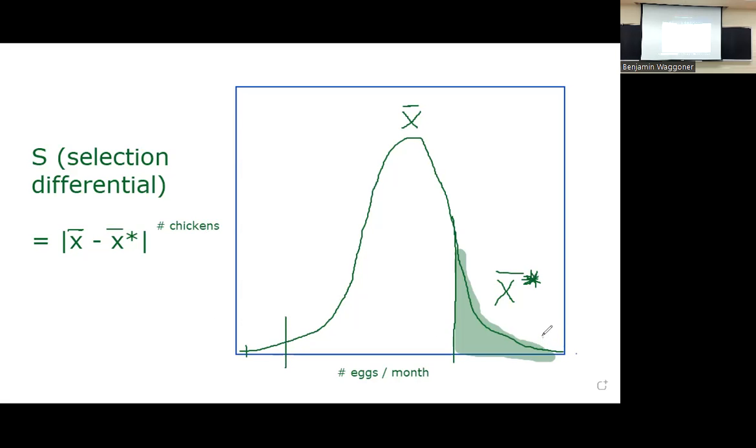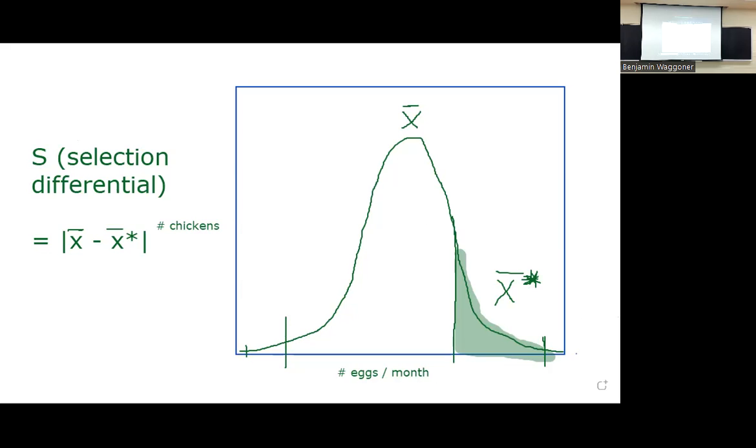And you selected only like those chickens, only the 2 or 3 that were cranking out a stupid number of eggs per month, then there'd be a much greater difference between X bar and X bar star, right? So the selection differential is basically a measurement of how stringently you're carrying out selection in your flock. All right, you with me there?